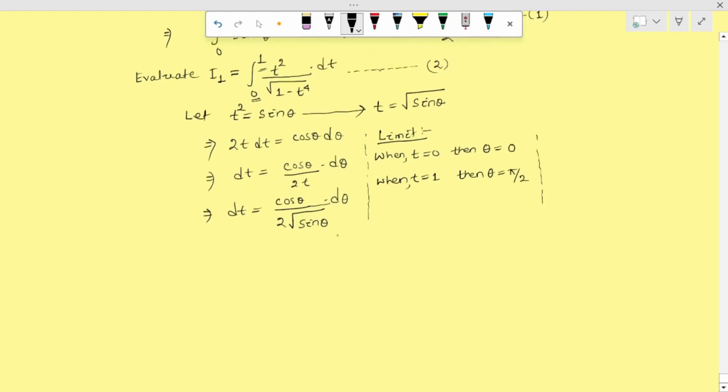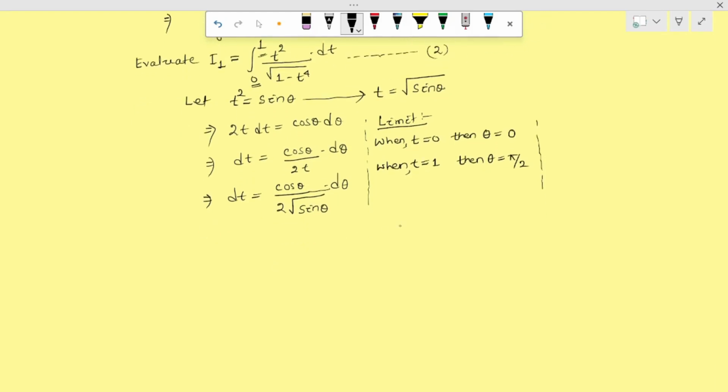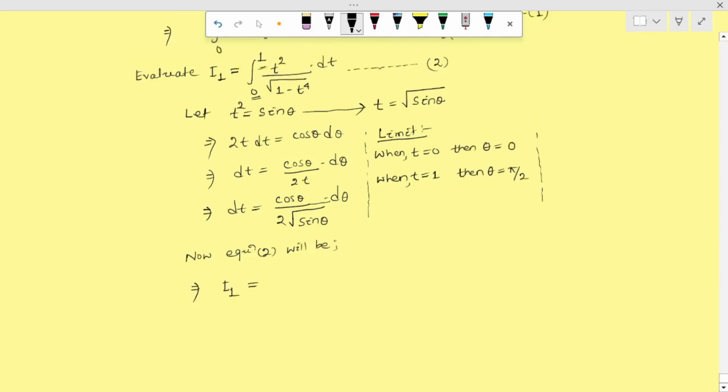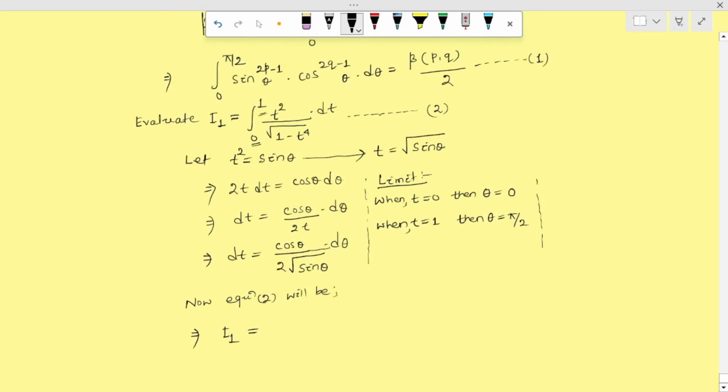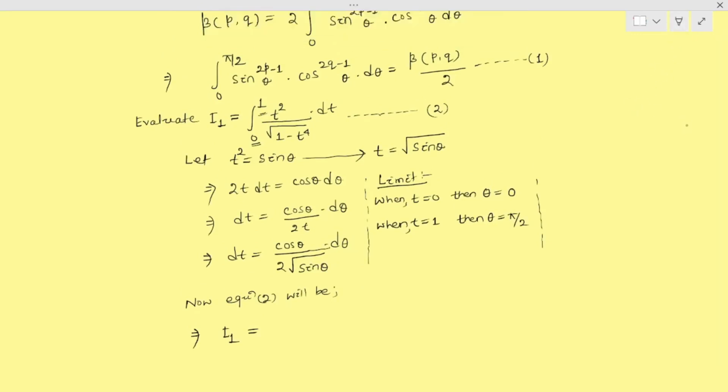Now, equation number 2 will be, that implies I1 will be equal to, here the limit will be changed from 0 to pi by 2. Initially it was 0 to 1, now it will be 0 to pi by 2, right?